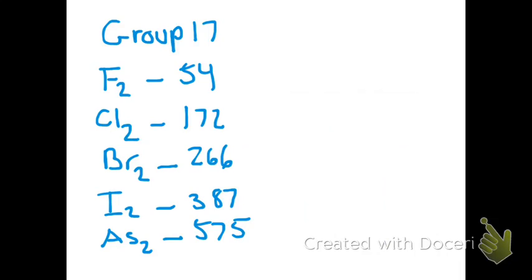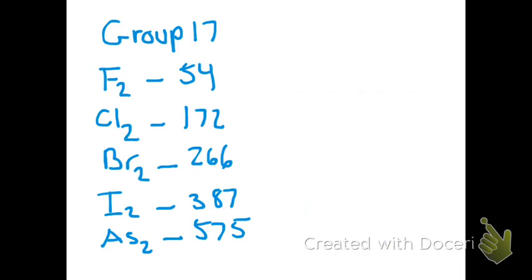Now, if you compare these to group 1, there's a major difference here. Group 1 has much higher melting points than group 17, but you've got to remember that in group 1 the melting points are determined by the bonding nature of group 1 being metals, metallic bonding. So metallic bonding is very, very strong compared to the bonding that's occurring in group 17.